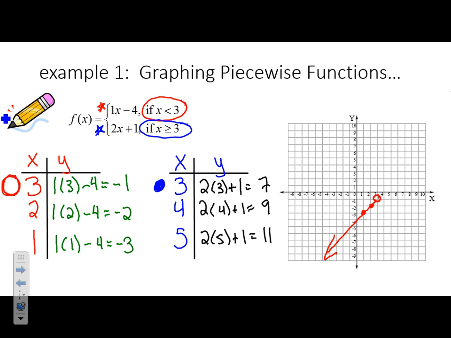I'm going to start at 3, 7, and it's going to be a closed circle because I have that closed right there. So 3, 7 is closed, and then I have 4, 9, and then I would have 5, 11, and I'm going to start this, and it's going to go forever in that direction. So I'm stopping here with my closed circle. All right, there's example number 1.